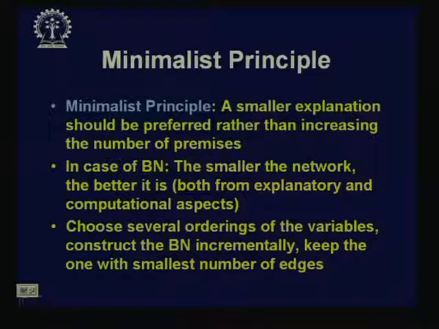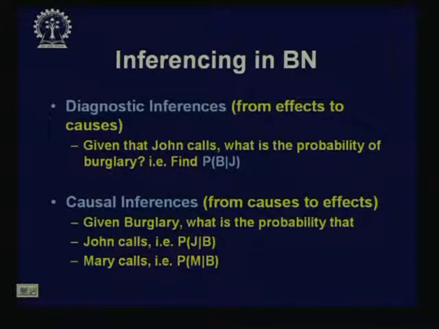Now, how do we infer in a belief network? The inferences in a belief network can be divided into 4 categories. One is diagnostic inference. That means, from effects we want to go to the causes.